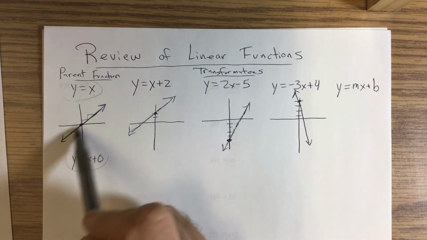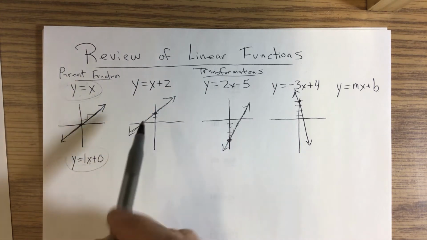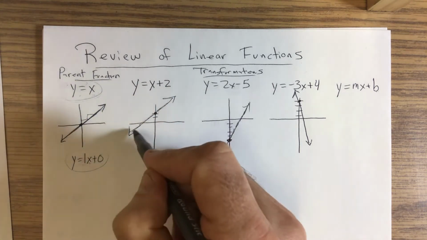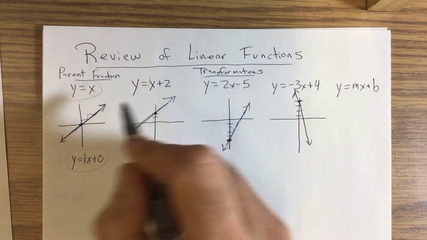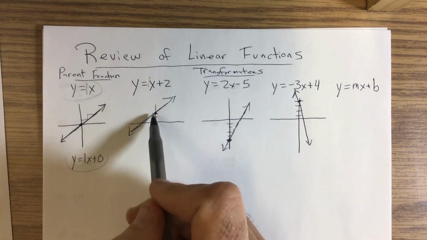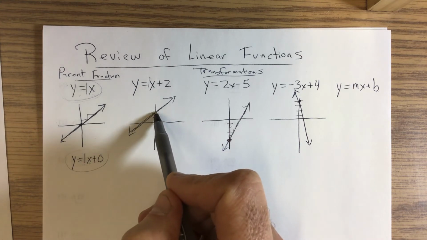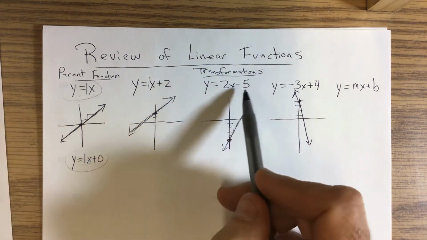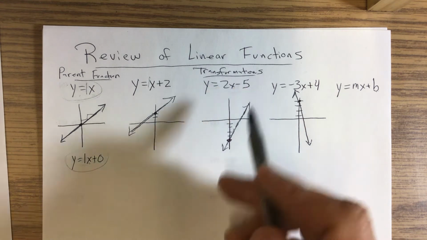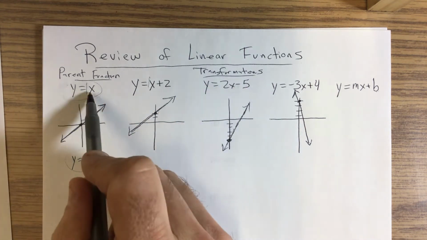So this is your parent function, and these each are just a transformation of that, meaning take that parent function, and if you add 2, all you're doing is shifting it up 2 units. It has the same slope of 1, just like this one does, only it's shifted 2 units up. So it looks exactly the same, just 2 units higher. That's a transformation. This one is shifted 5 units down, and it's a little steeper than the original one.